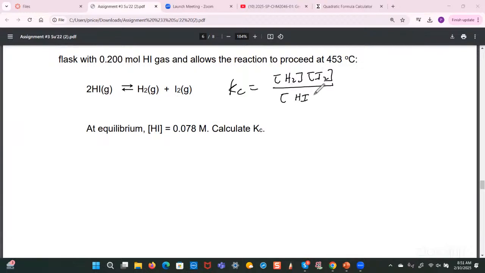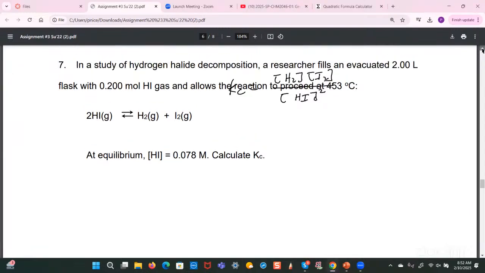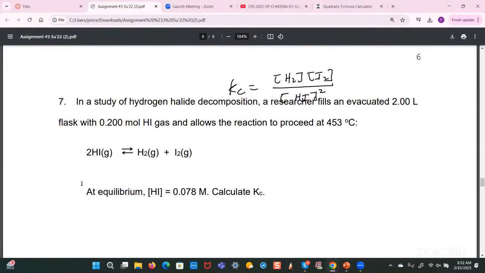Okay, so that's the first thing I would write down, right? Because what we need to do is find out what the equilibrium concentrations are, and then we plug them into that equation. Now, scroll back up here. They told us that the initial mole value of HI is 0.200 moles, and they gave you the volume, and the concentration at equilibrium.